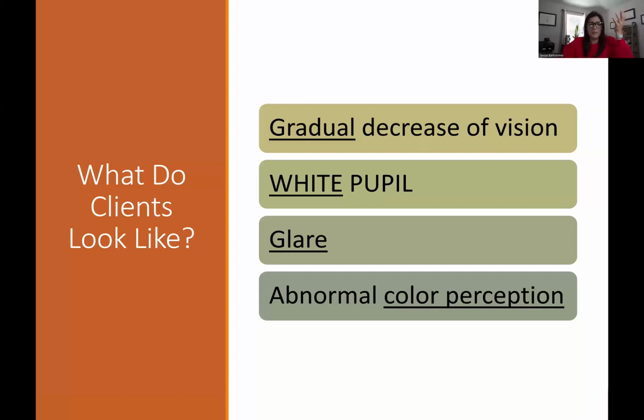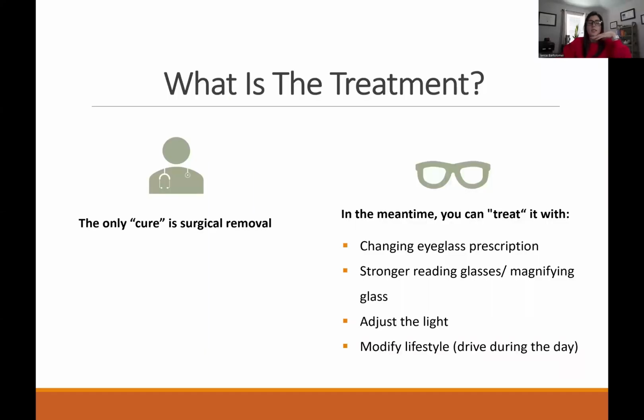The lens is opaque, and you cannot see clearly anymore. Your pupil becomes white. You have glare and abnormal color perception. There is really only one cure, and that is cataract surgery, removing that lens and putting in an artificial one.